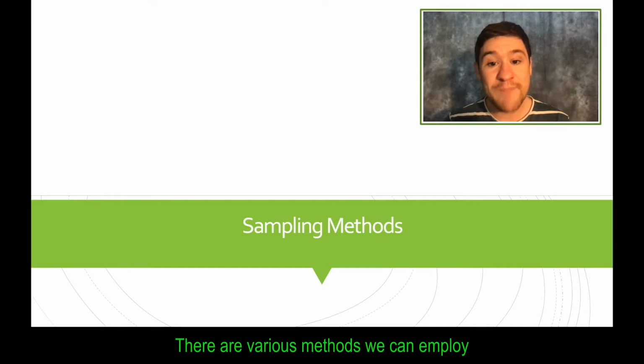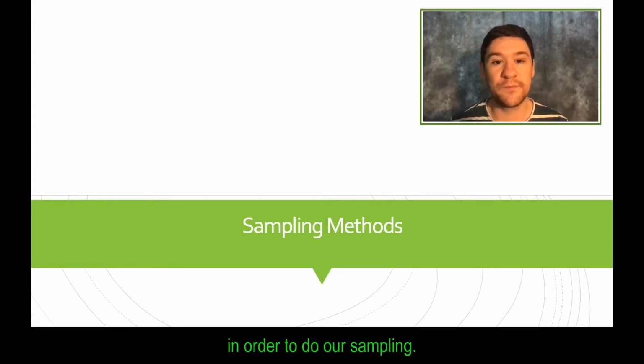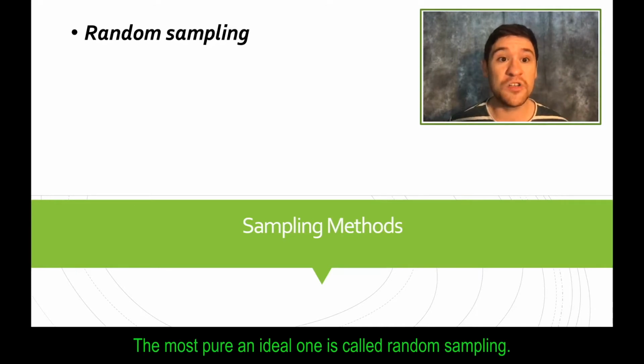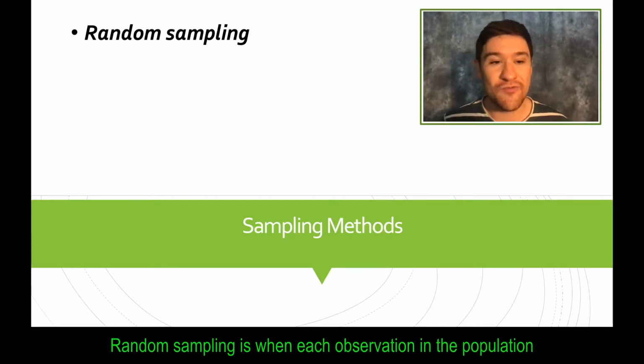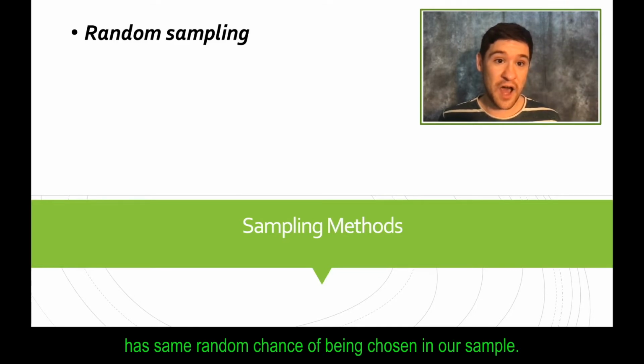There are various methods we can employ in order to do our sampling. The most pure and ideal one is called random sampling. Random sampling is when each observation in the population has the same random chance of being chosen in our sample.